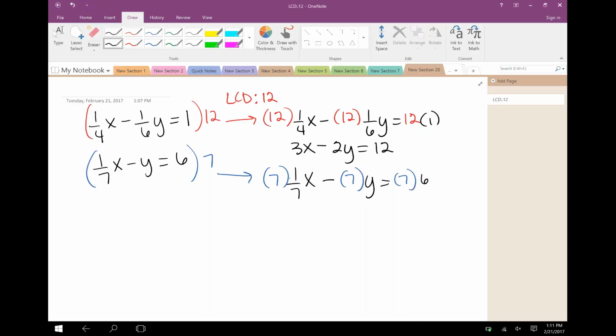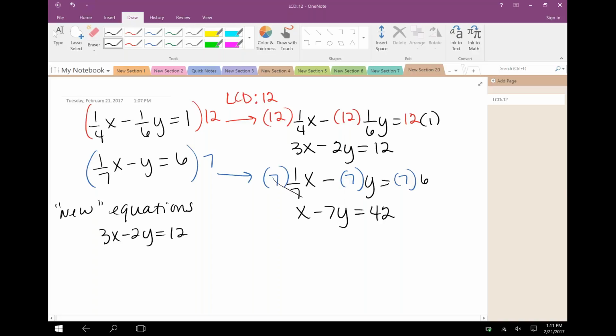So then we're going to have 7 times 1/7 is just x minus 7y equals 7 times 6, which is 42. So let me take my new and improved equations and write them together so we can see it better. So we have 3x minus 2y equals 12, and x minus 7y equals 42.